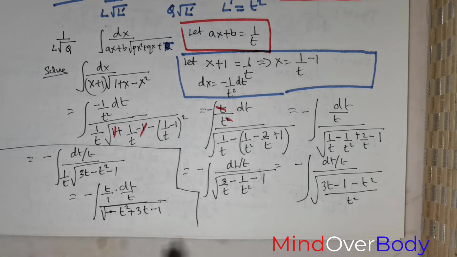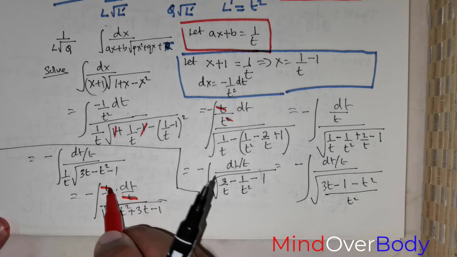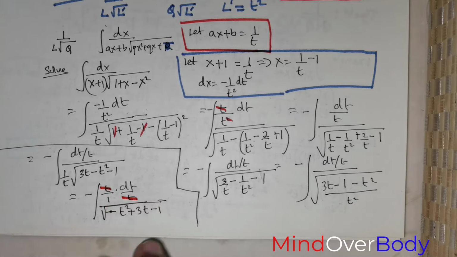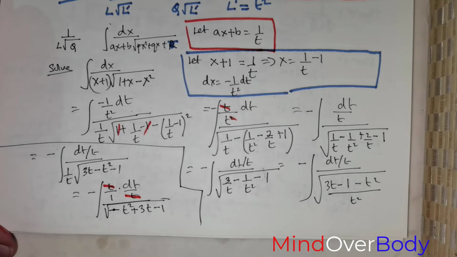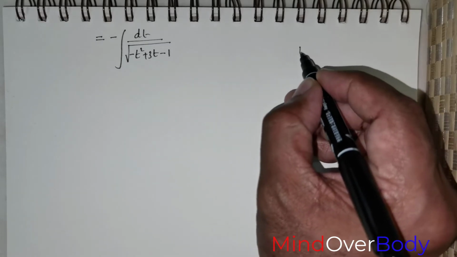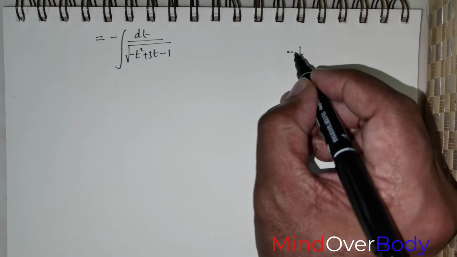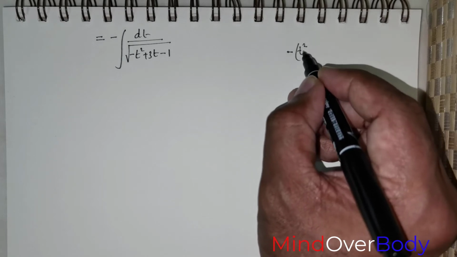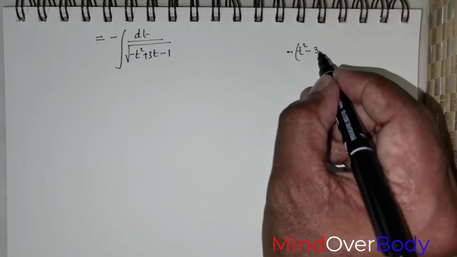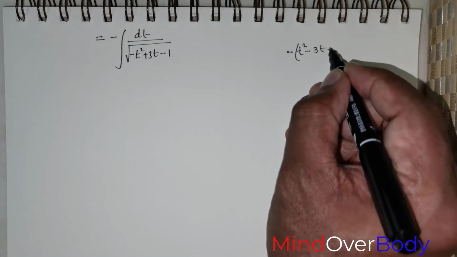This is what I have got. So clearly the t's can be cancelled, and I need some space, so let me move to the next page. For one second just consider this quantity. Now let me take a negative sign out, and that would give me t² − 3t + 1.